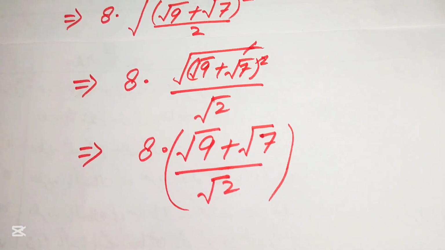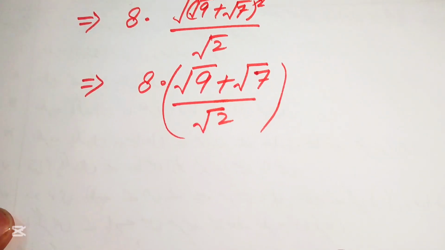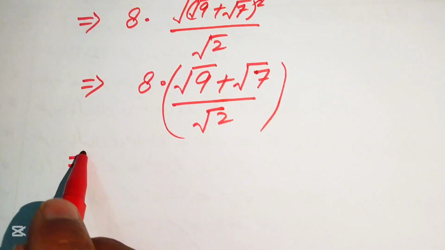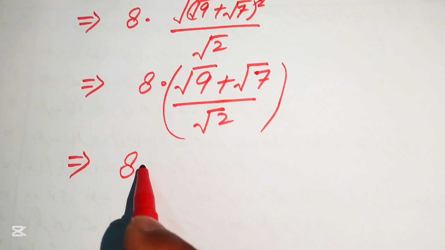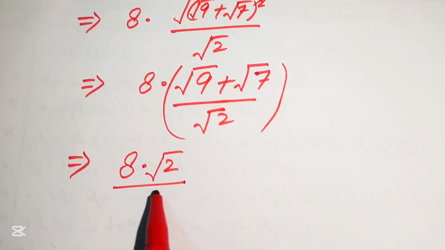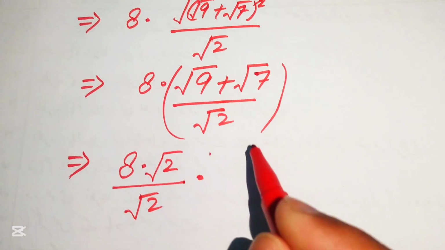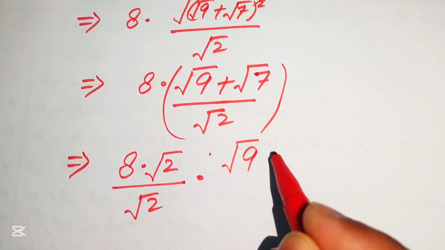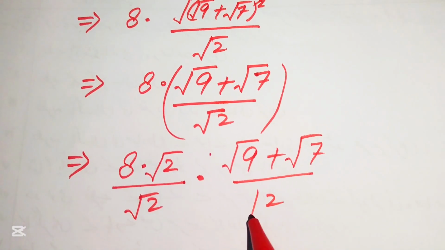Okay, because we write the answer in the simplified form, here we need to again multiply and divide by square root of 2, and it will be written as 8 times square root of 2 divided by square root of 2 into square root of 9 plus square root of 7 divided by square root of 2.